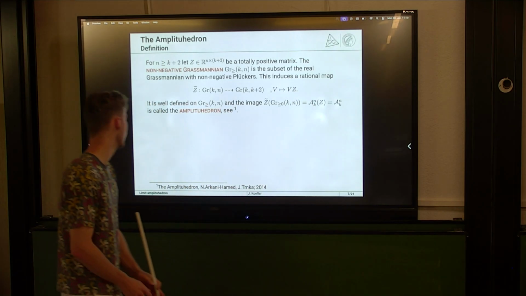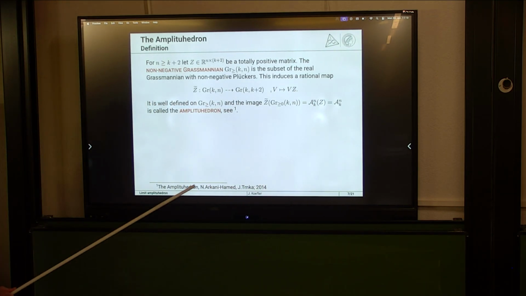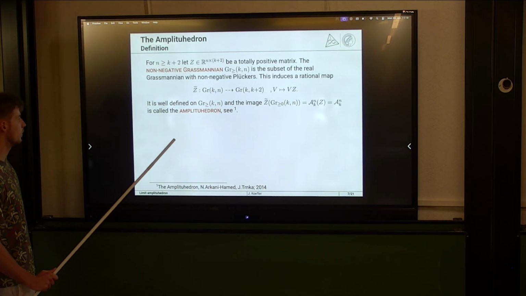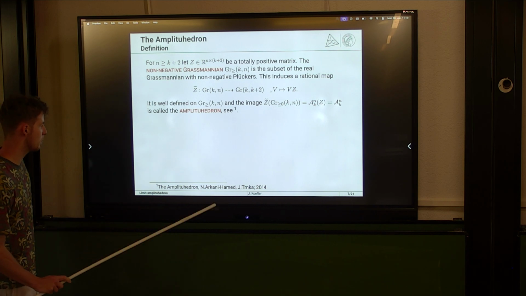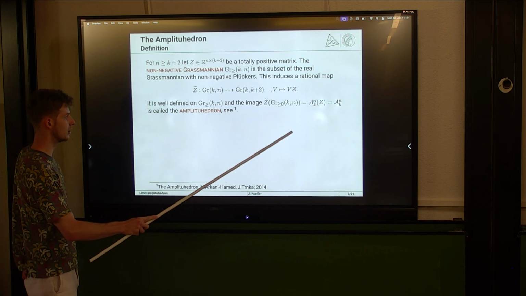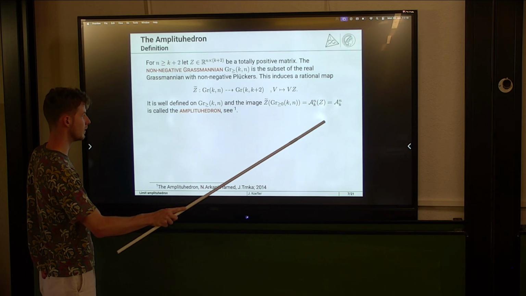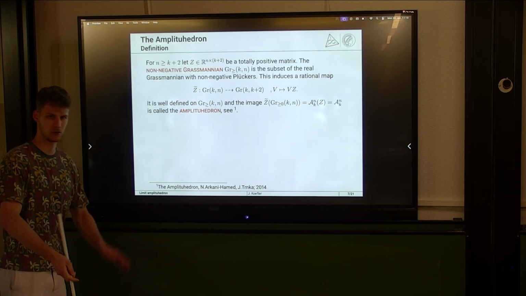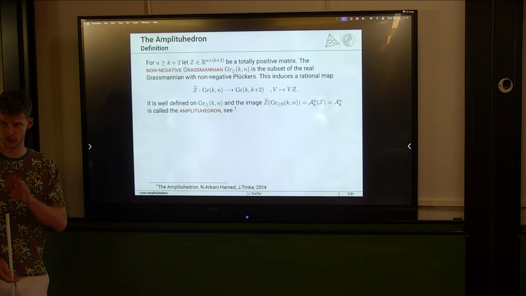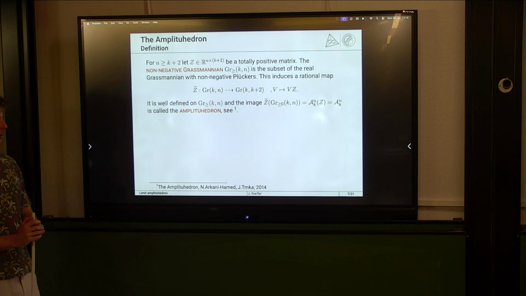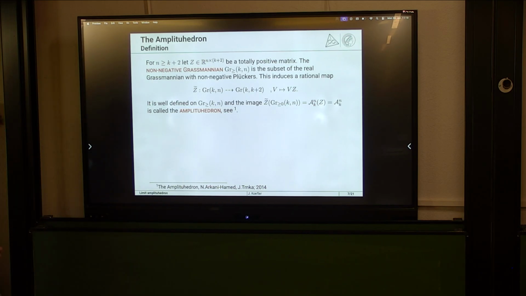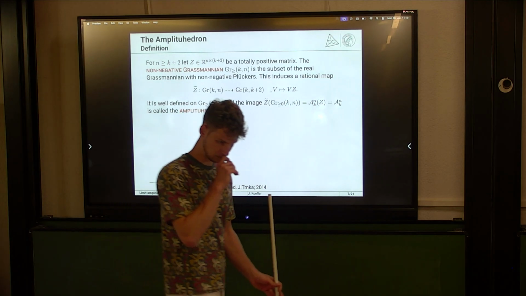And then I denote the image, that is the amplituhedron, the image of this map, where it's well defined, by A_{k,n}, and the dependence on the Z matrix is implicit for now, but it's going to play an important role when we move to the limit amplituhedron in just a second.